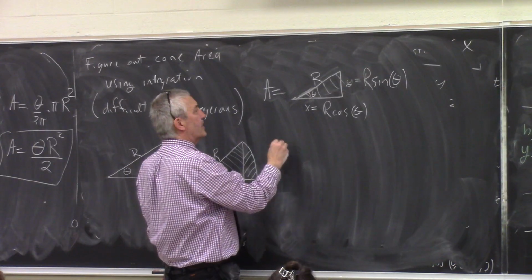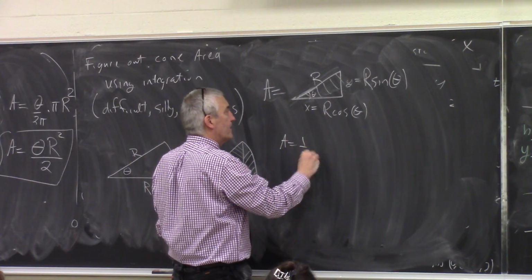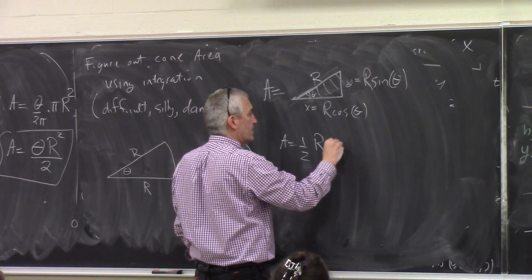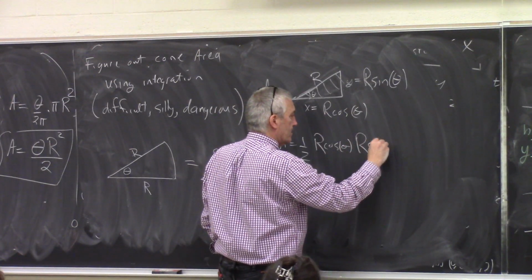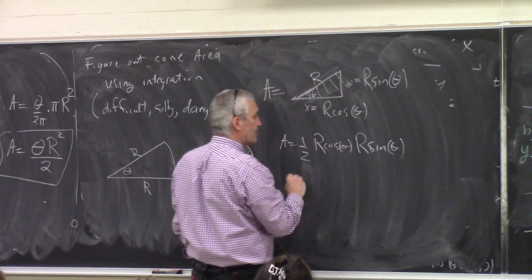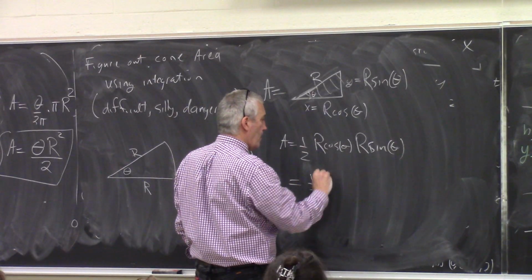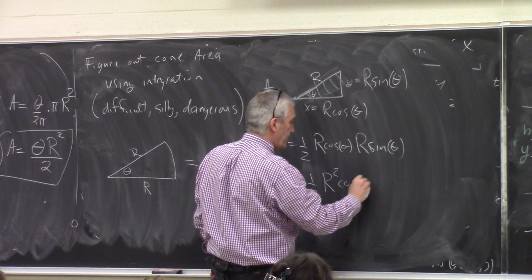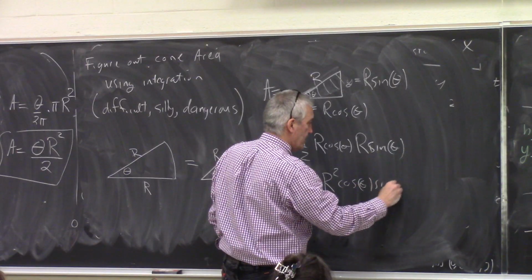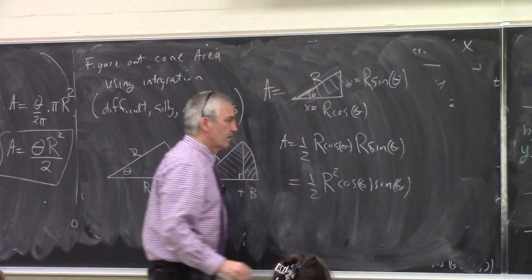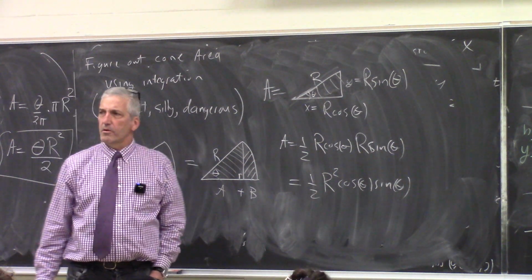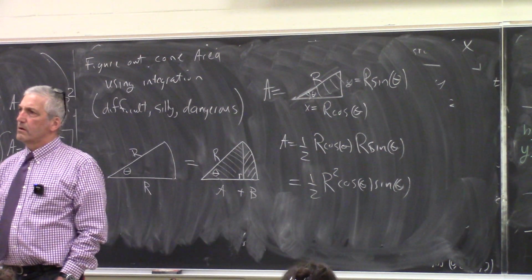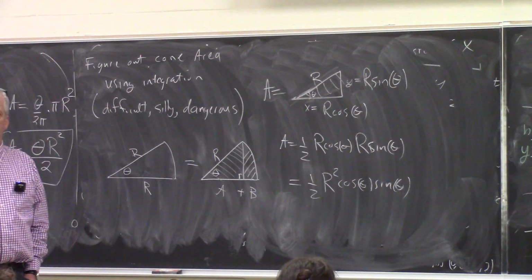So that means that the area is going to be 1/2 the base times the height. So that's going to be 1/2 of r squared cos theta sine theta. Hey, anybody know a trig identity? cos theta sine theta?